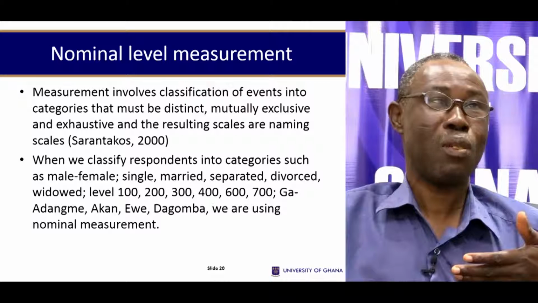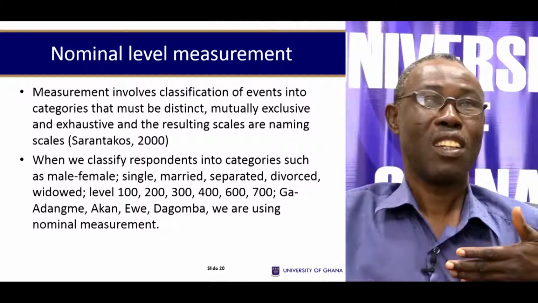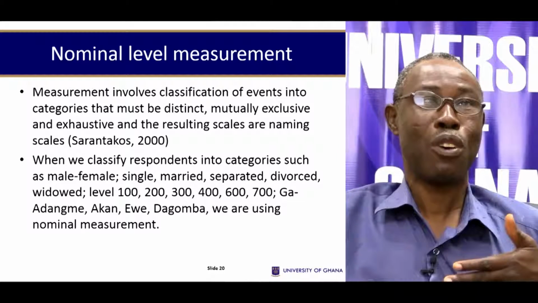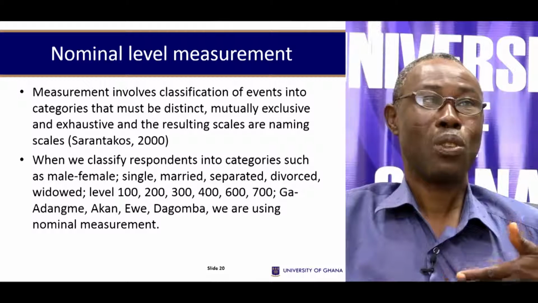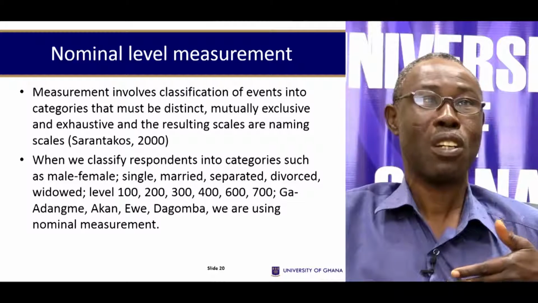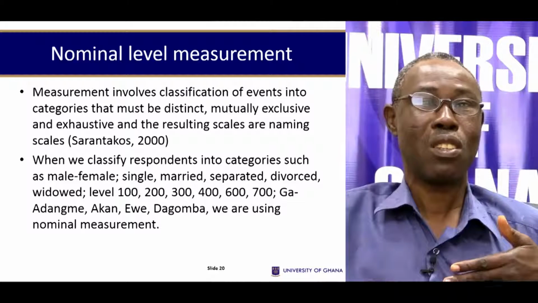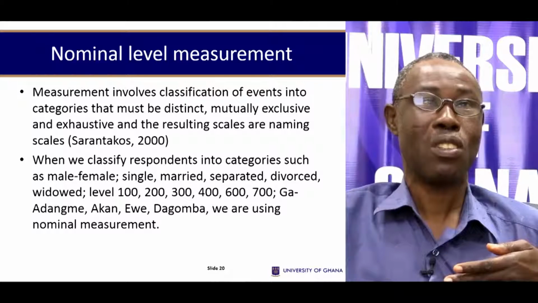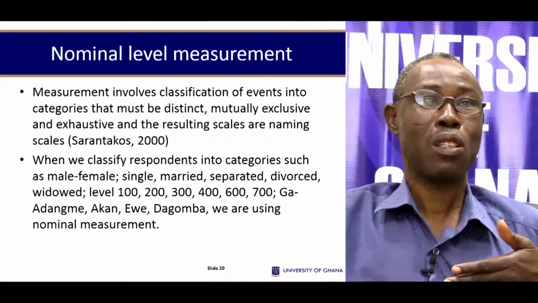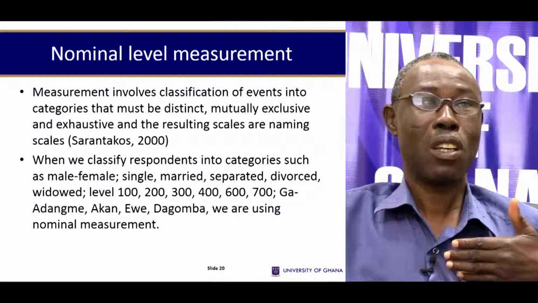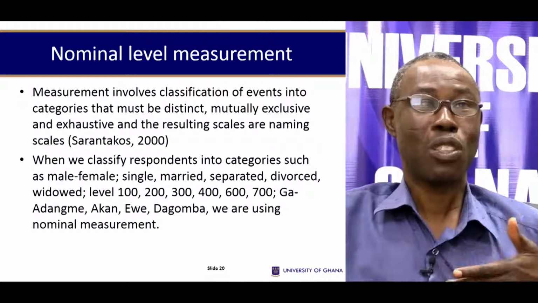Now, let's look at them one after the other. In terms of nominal level of measurement, we are talking of measurement that involves classifying all the necessary events or variables into categories. And these categories must be distinct, mutually exclusive, and exhaustive.